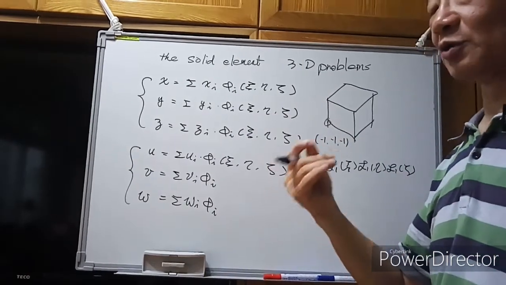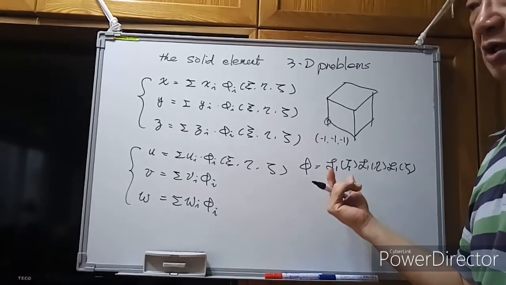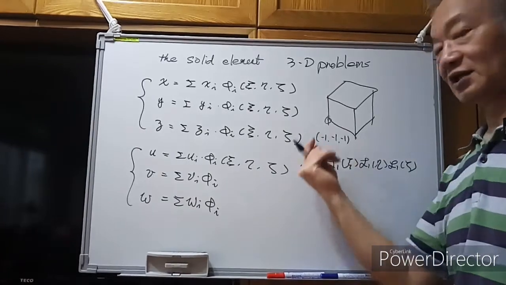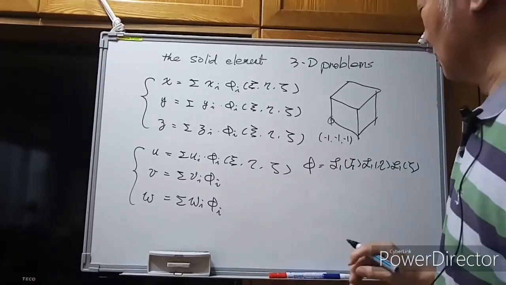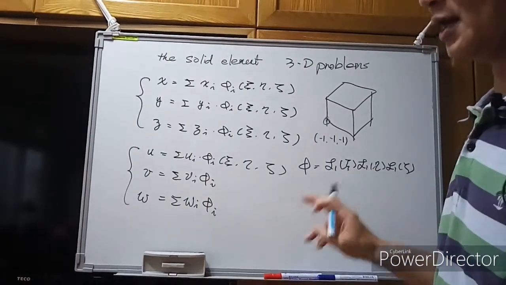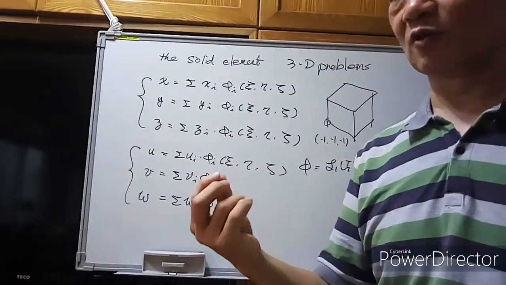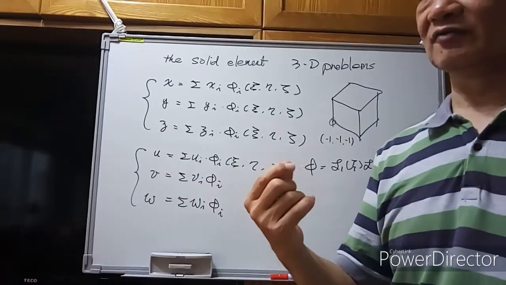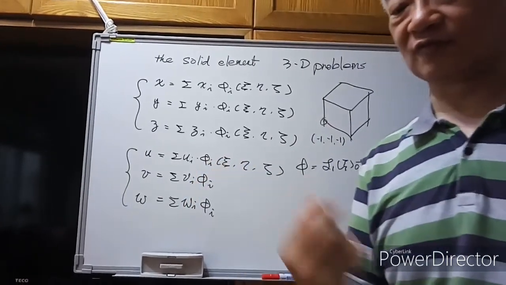the L1 of xi equal to positive 1 will give you the function value which is equal to 0. And the L1 of negative 1 will give you the value of positive 1. And that's the same for the L1 of eta: if the eta is equal to positive 1, the function value will be 0, but if the eta is equal to negative 1, the function value will be positive 1.